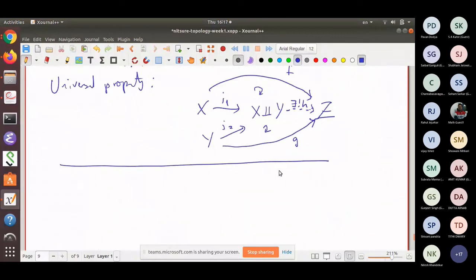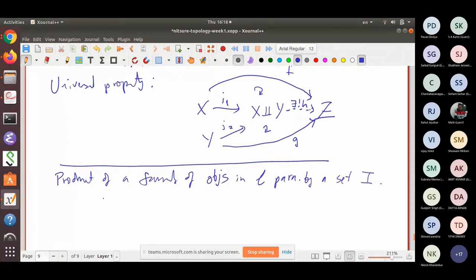I'm simply going to write just the names. Product of a family of objects in C parameterized by a set I. Similarly, coproduct. So this product is written like this: product over i belonging to I of Xi, and the maps are called Pi. Maps are arrows.